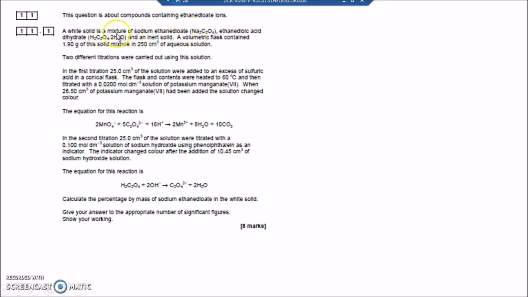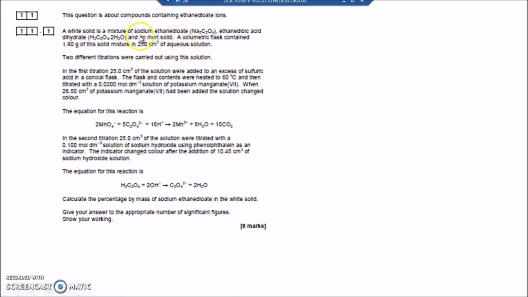So the first thing to note is that this white solid is a mixture of sodium ethanedioate and ethanedioic acid dihydrate, and an inert solid, some other kind of impurity. So the ethanedioate that we'll see in a minute has come from both sodium ethanedioate and this other thing, ethanedioic acid dihydrate.